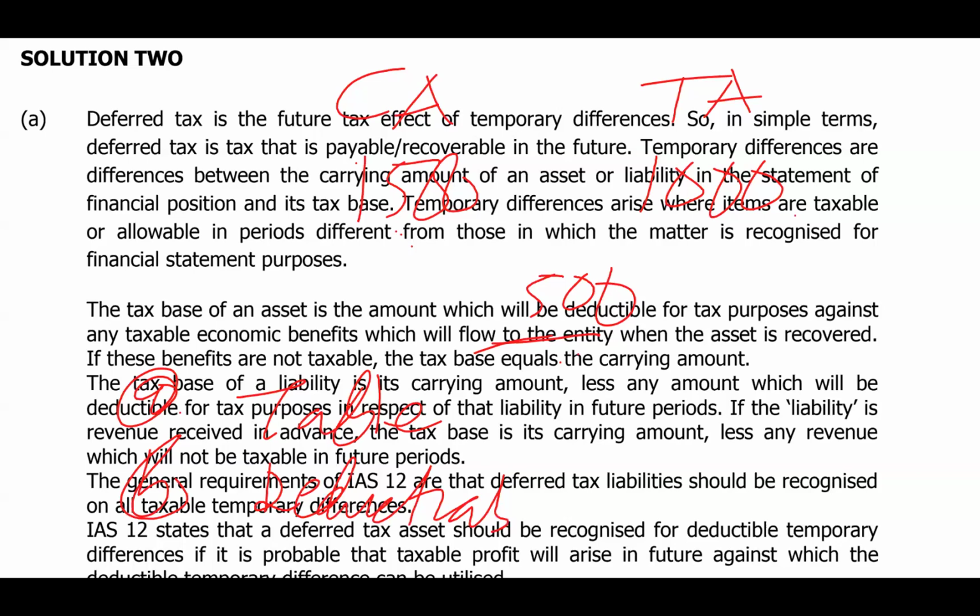Once that has been proven, it means they undercharged some taxes to us, and we will need to pay tax. So the taxable temporary difference results in taxes to pay. But if the opposite happens, that our carrying amount is less than the tax base, for example the tax authority gives maybe 2,000, and our carrying amount is just 5,000.